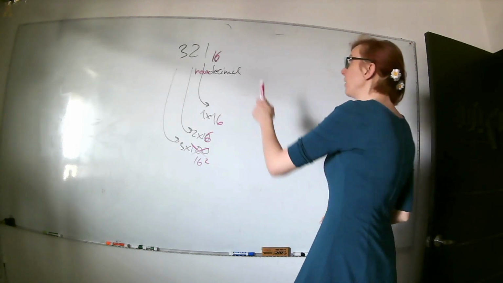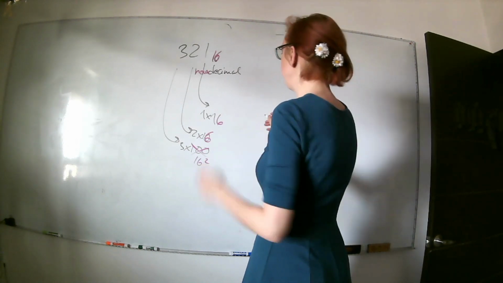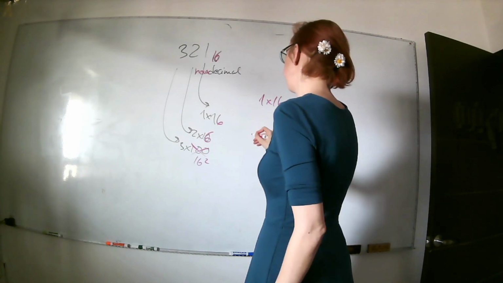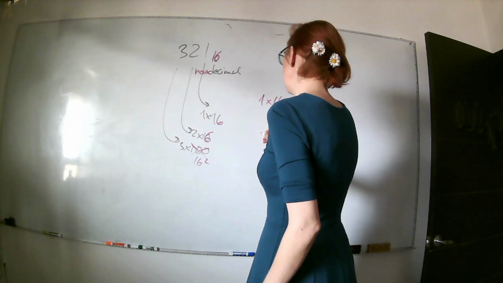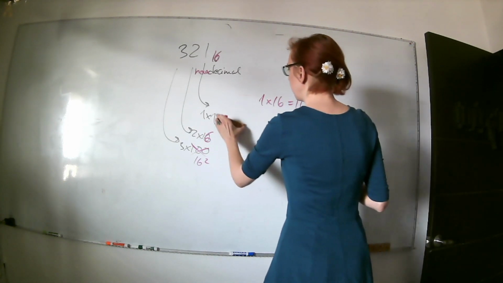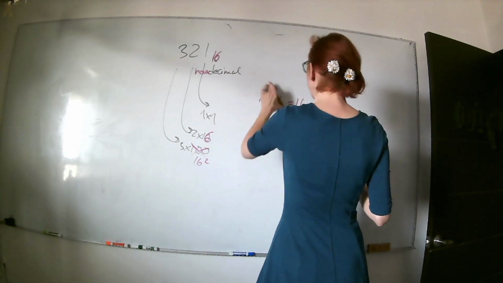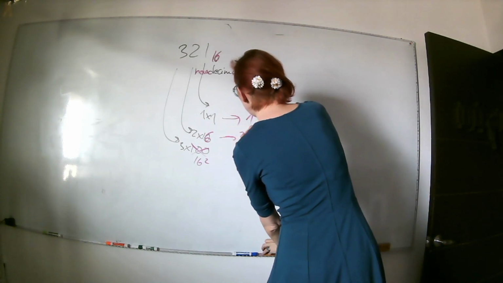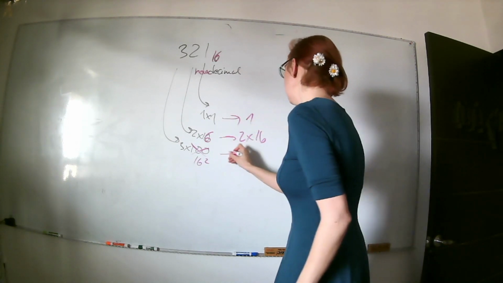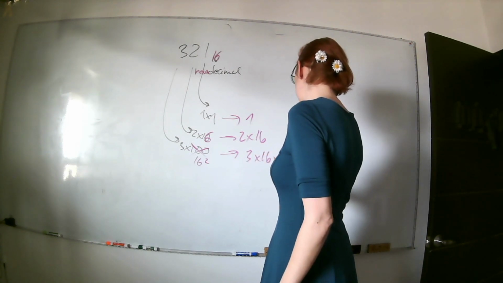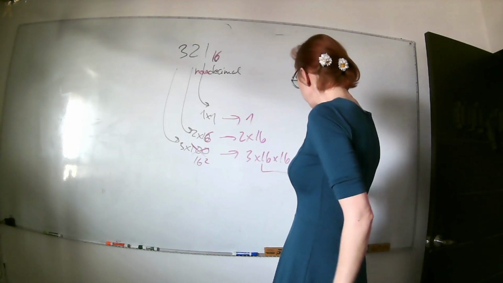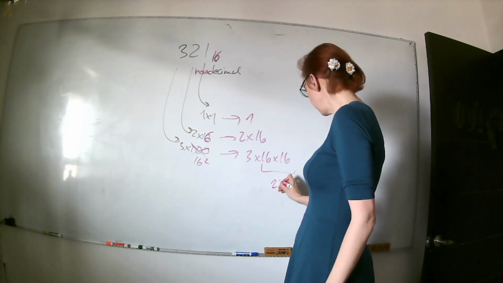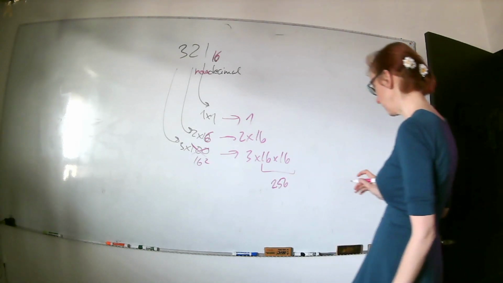So what does this number actually mean? It's 1 times 1, sorry, because 16 to the 0 is 1. This is 2 times 16, and this is 3 times 16 times 16. What's 16 times 16? 160 plus some stuff, I think it's 256.